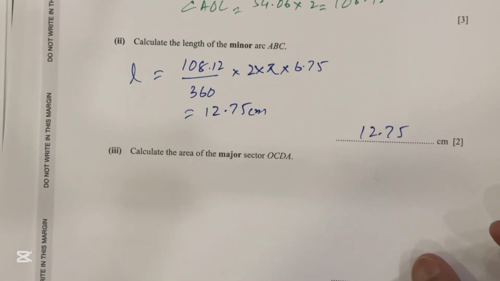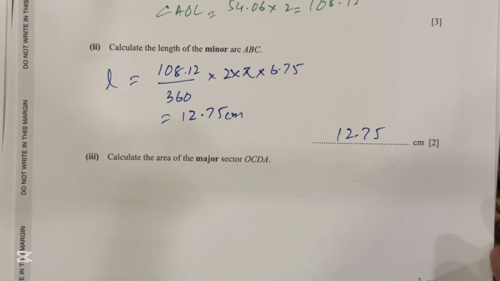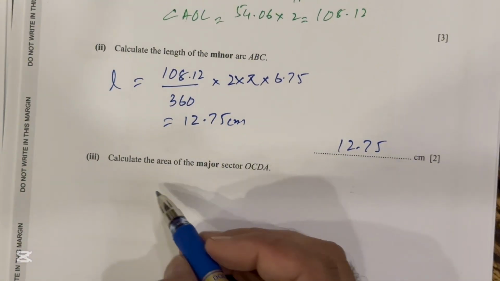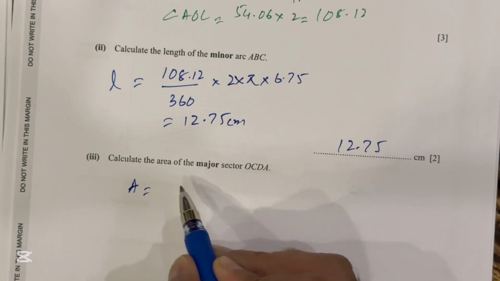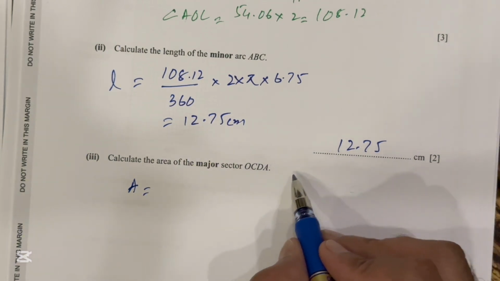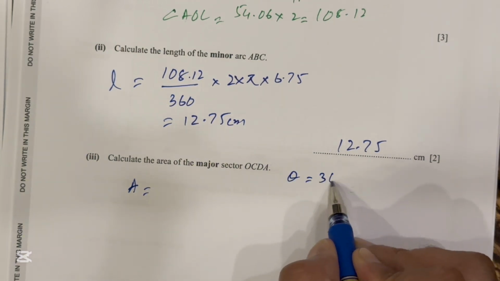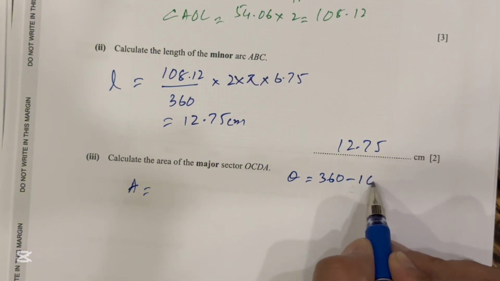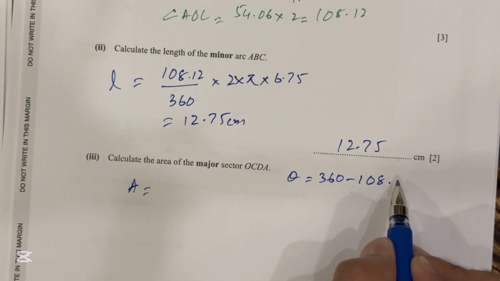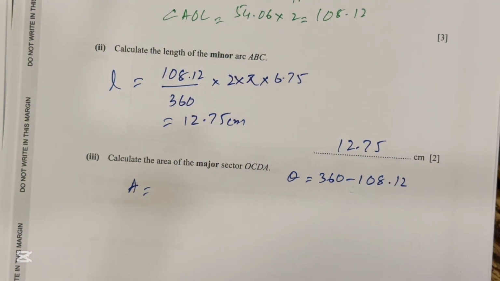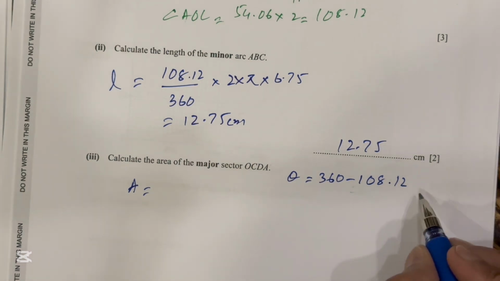Now calculate the area of the major sector OCDA. Now the formula is area is equal to theta over 360 times pi r squared. First you need to calculate theta. Subtracting 108.12 from 360, you get the angle, that is equal to 251.88.